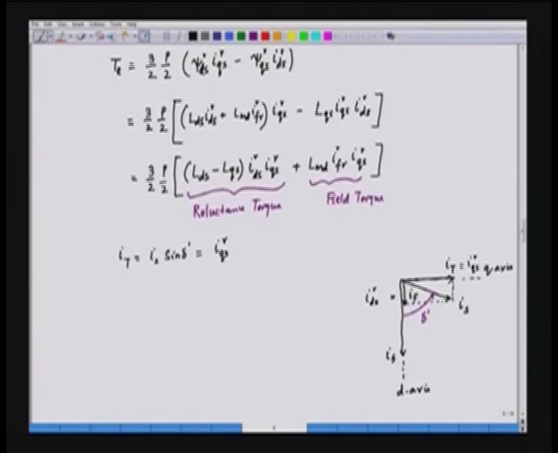So, It is equal to Iqs, that is equal to Is into sine delta prime, and If is equal to Is into cos delta prime. This is the angle delta prime, and the component of Is along the D axis is Ids.